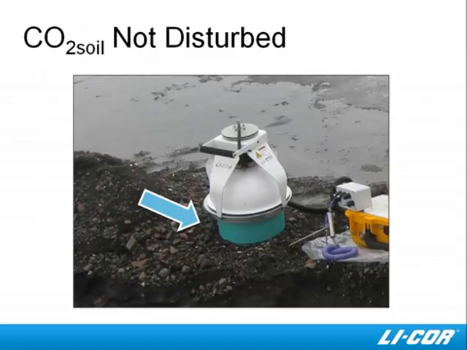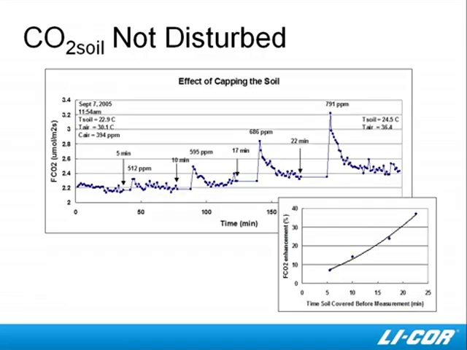What the soil collar does is provide a surface that we can easily make a gas-tight seal to with our chamber, and it allows a stable platform for placing the chamber over the soil.